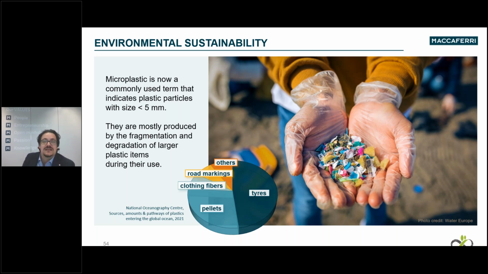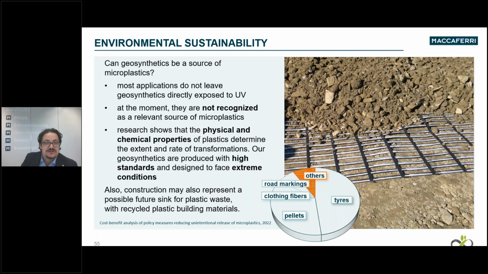So probably something that comes from when you have some traffic that goes on the road marks, they remove it and they create some microplastic. The rest is 9% of others, and only inside this 9% of others could be the rest of all the plastic production. So it is not so much.